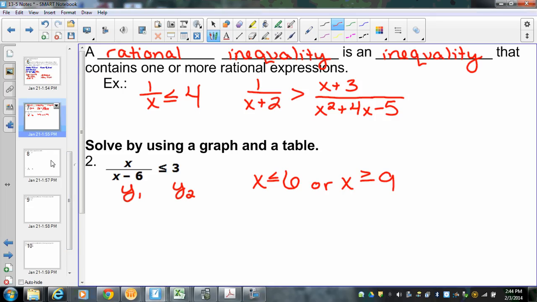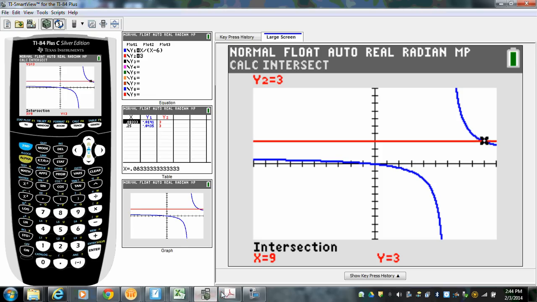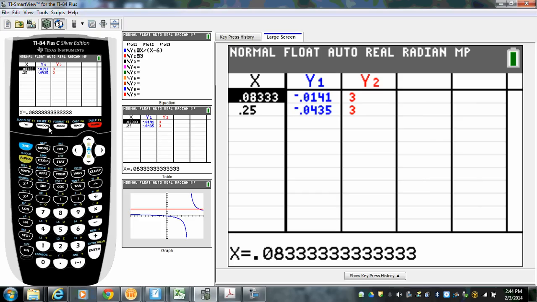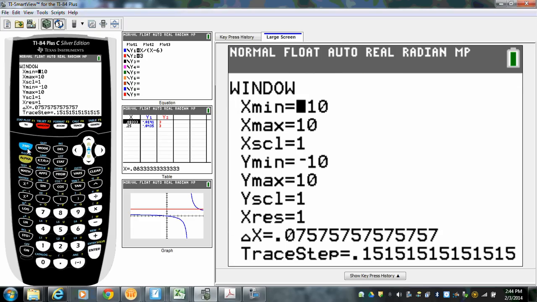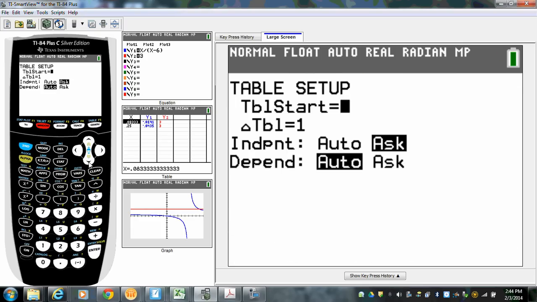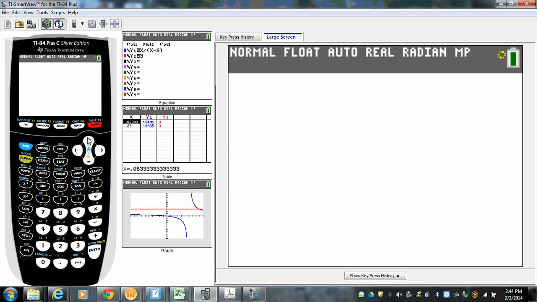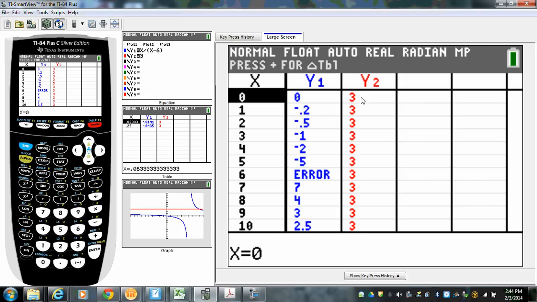Okay, so let's also now go look at the table for that. If I go look at the table now for my functions here, and I want to change my table set. Give me a minute here, sorry. Okay, so I'm looking for when my y values become less than or equal to 3.